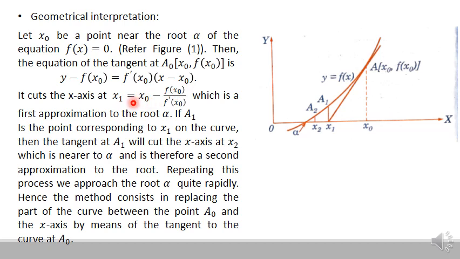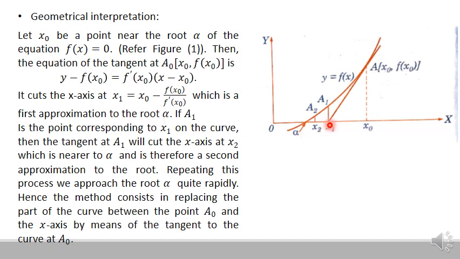So it cuts the x-axis at x1, where x1 is given as x0 - f(x0)/f'(x0), which is a first approximation to the root alpha.